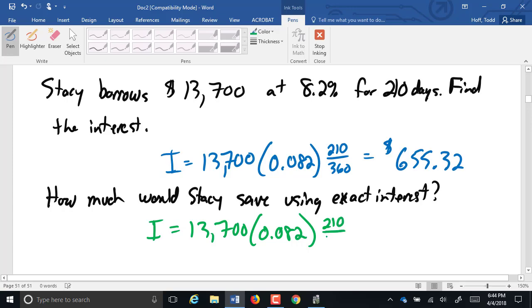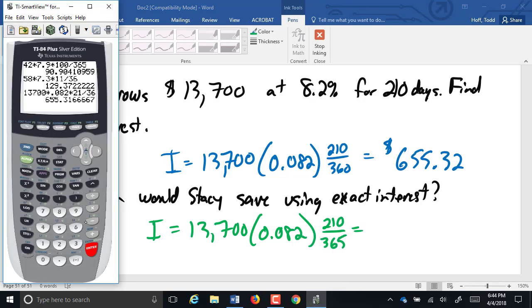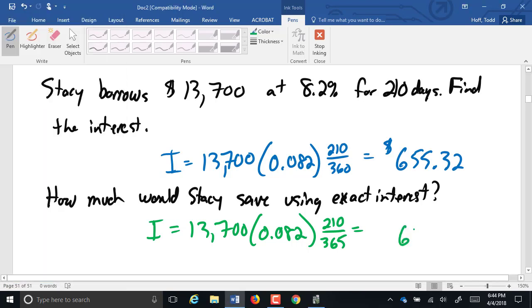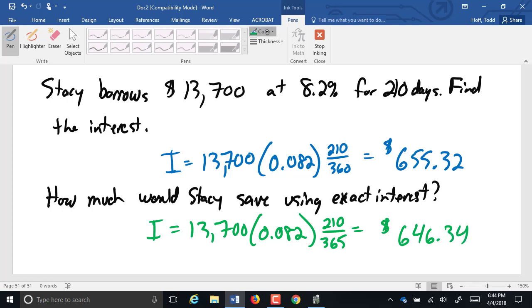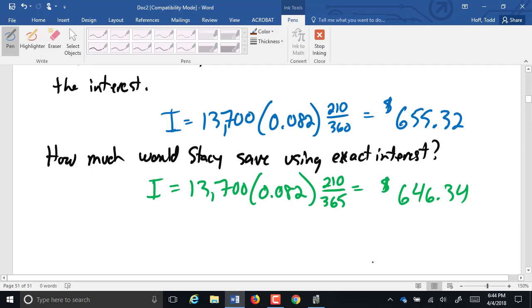The only thing that changes is it's 210 over 365. I'm getting 646.34. So the difference would be $8.98 if we subtract those two numbers.